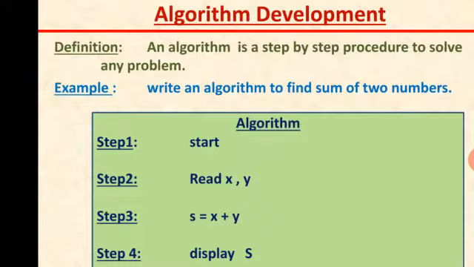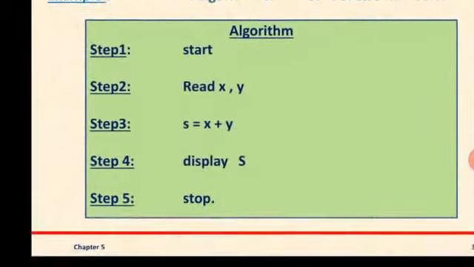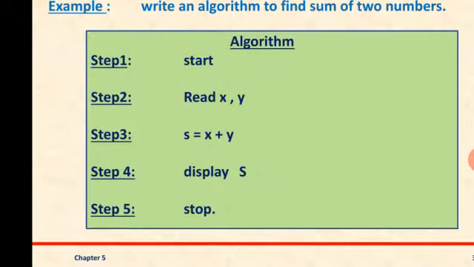So how will it begin? You can see here. First, we have to give the heading as algorithm. Then we have defined the algorithm as a step-by-step procedure. Am I right? So hence write down step number 1. It begins with the word start.